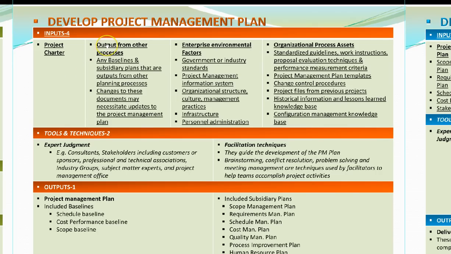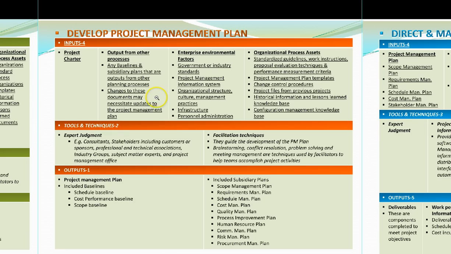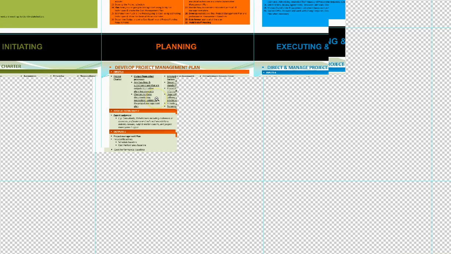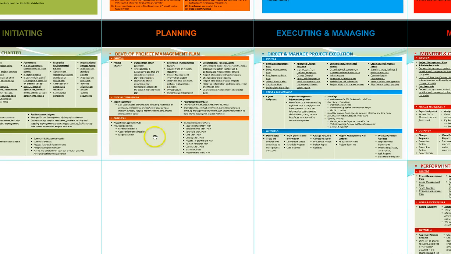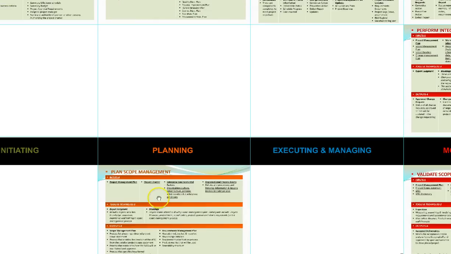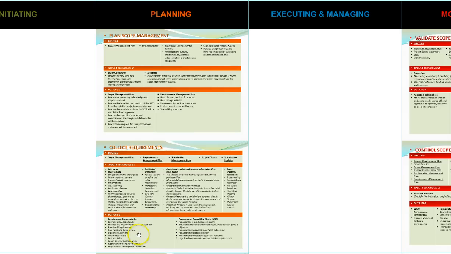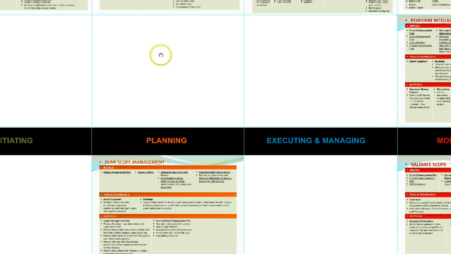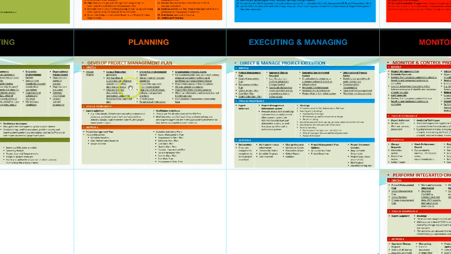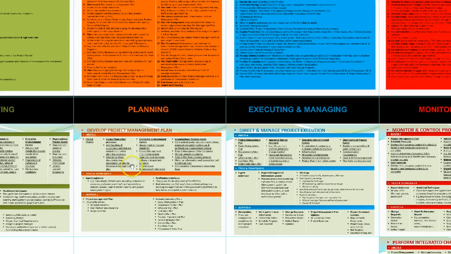Then we have outputs from other processes. Now the outputs from other processes come from the 24 processes that we have in the planning group. So we have output from collect requirements, output from plan scope management, output from plan quality management.